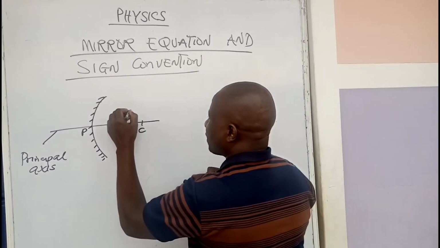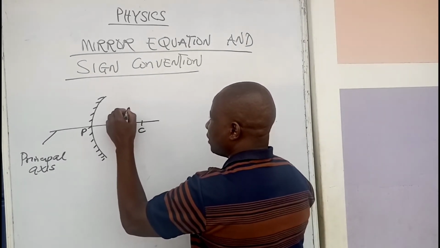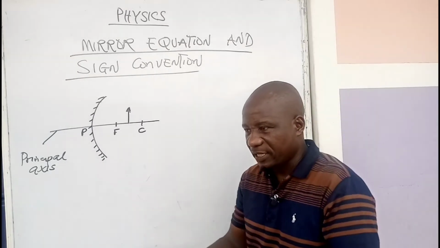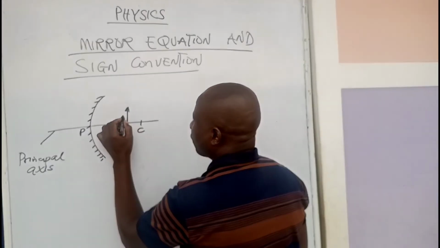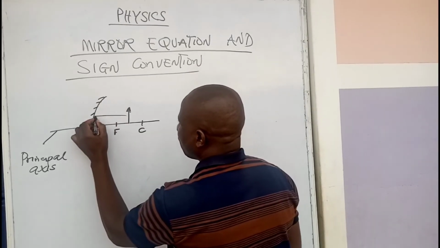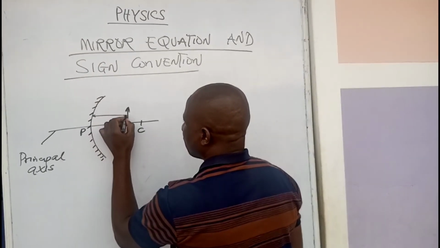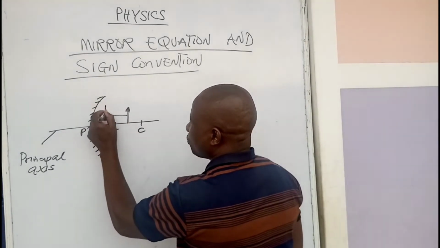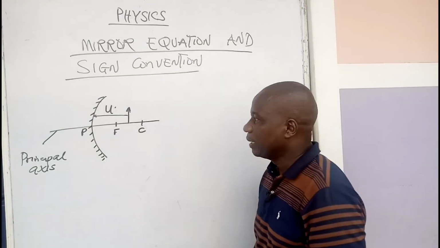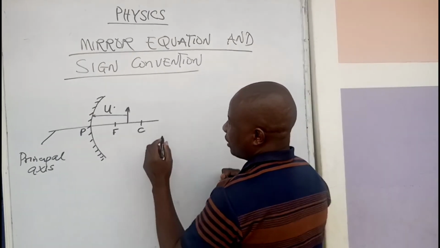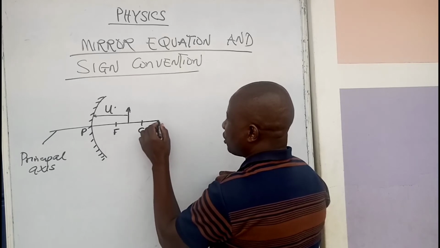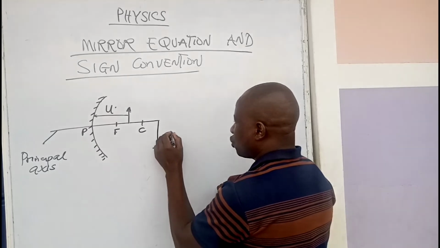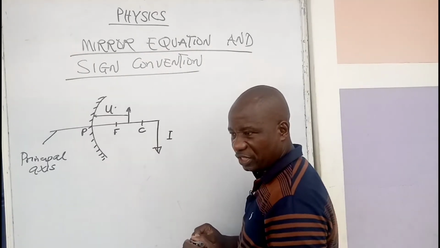Now, if I place an object here, this is my object. What do we mean by the object distance? That is the distance of that object from the mirror. So this one is going to be our U. And if we have our image here, this one is going to be I, standing for image.